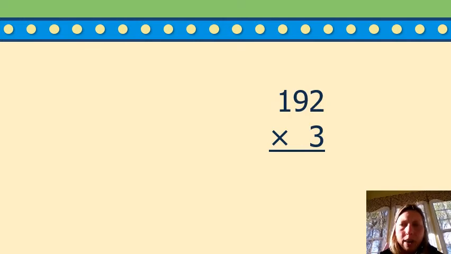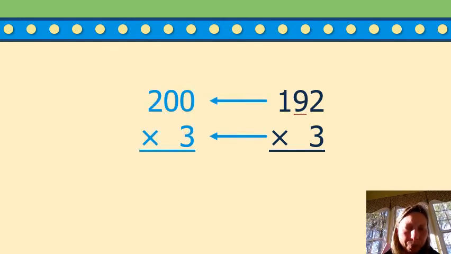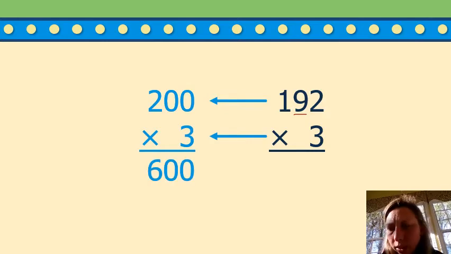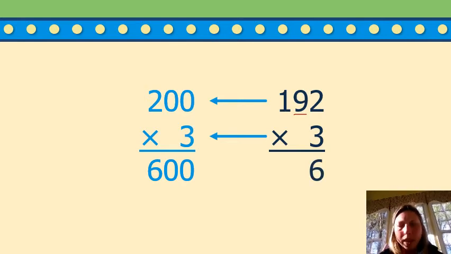All right, 192. Looking at that 9, we're going to round up to 200. So we get 600 for the estimating problem. The non-estimating problem is going to be 2 times 3 is 6. 9 times 3 is 27. And 1 times 3 is 3 plus 2 is 5.